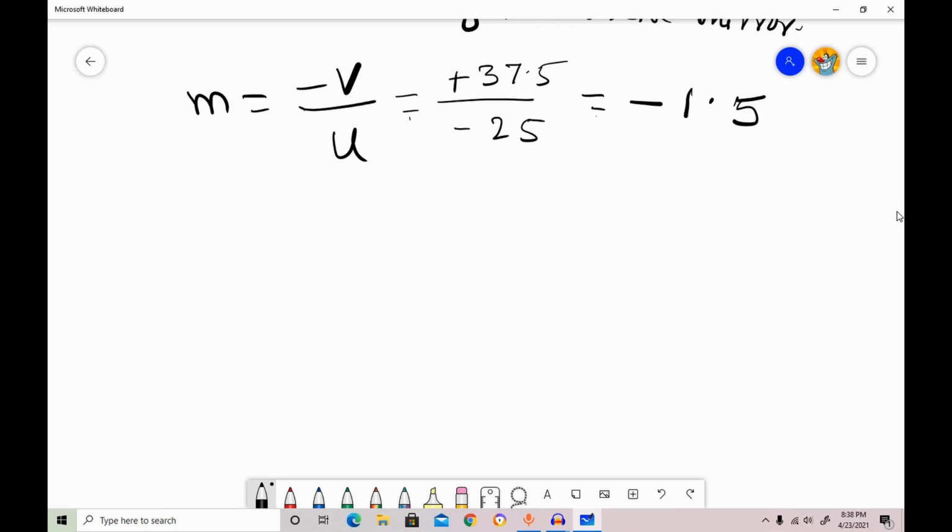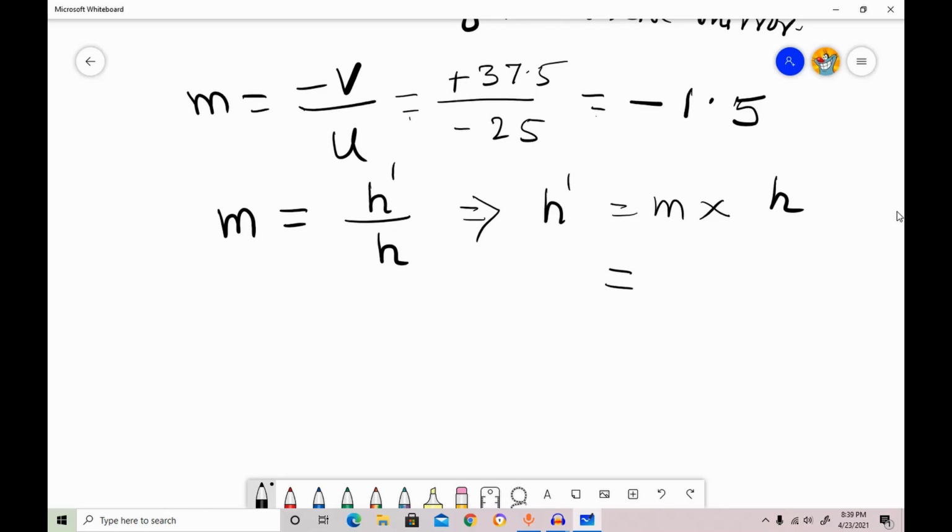Again recall m equals h dash by h, or h dash equals m into h. So h dash is minus 1.5 into the height, 4 centimeter, which is given in the problem. h dash becomes minus 6 centimeter.